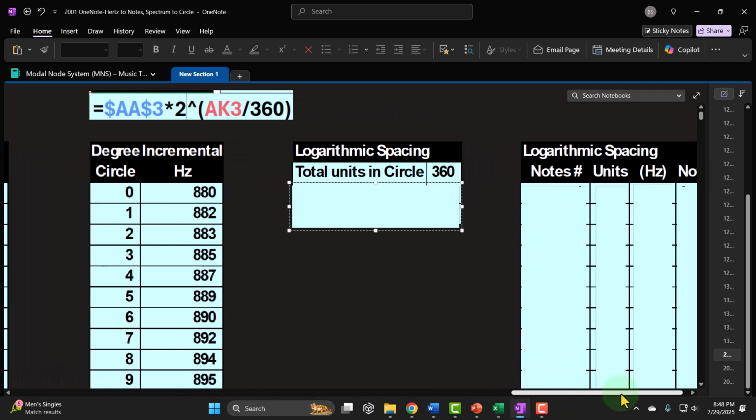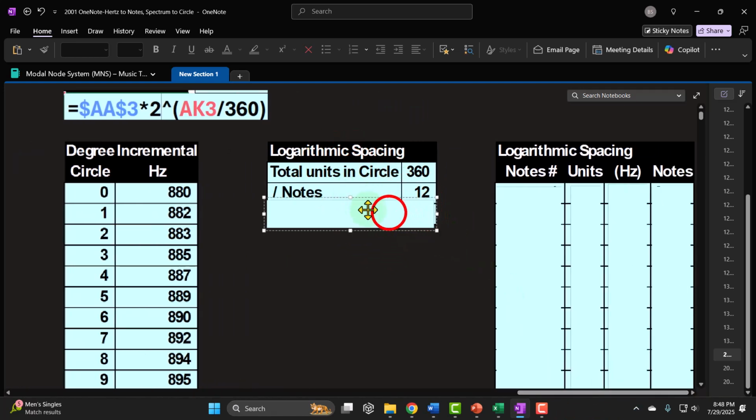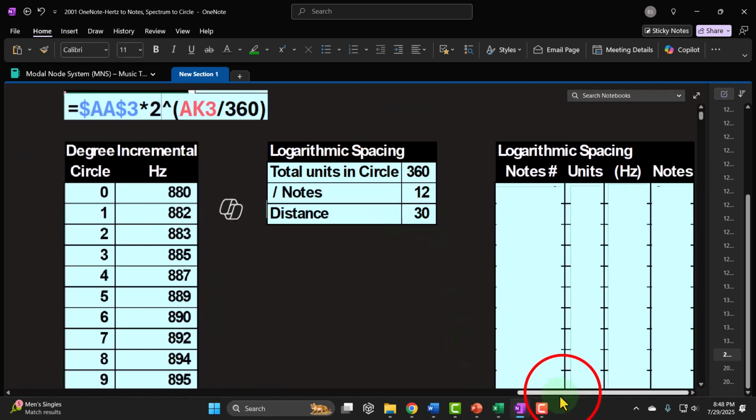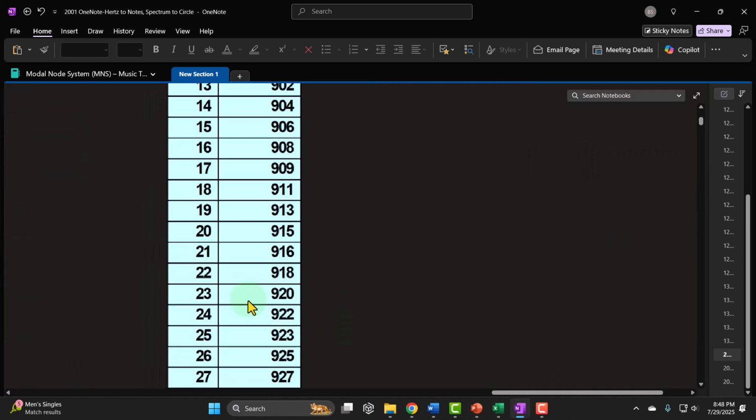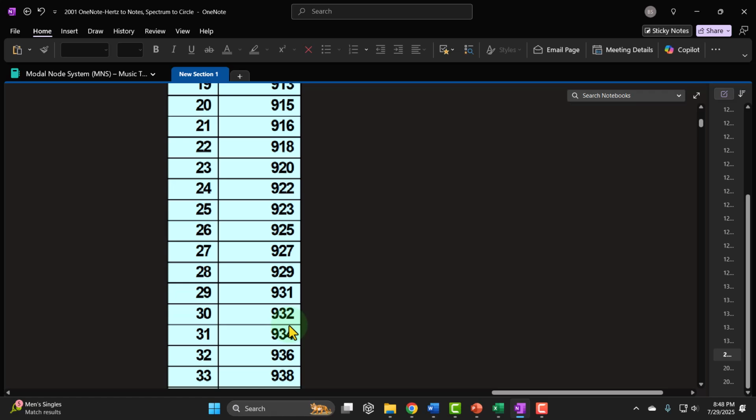So now we can take the total units, 360 divided by 12, which is going to give us the 30 spacing and the next octave up. So if I started here at 0, we would be at 880. And then if I go to 30, that would be 932. So in other words, if I went up to 30, that's now 932.